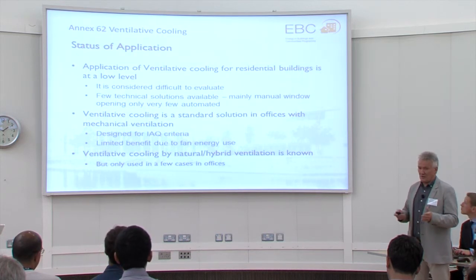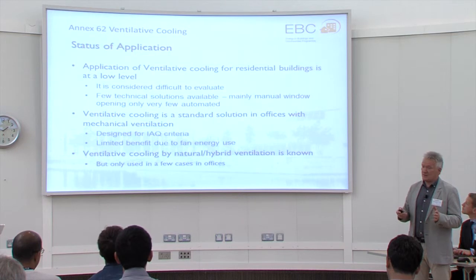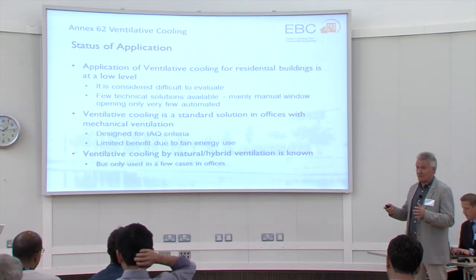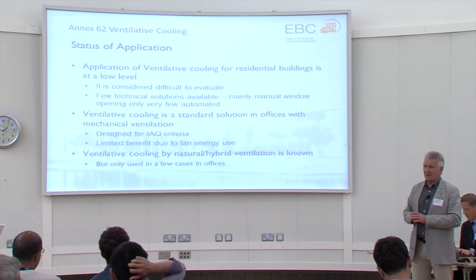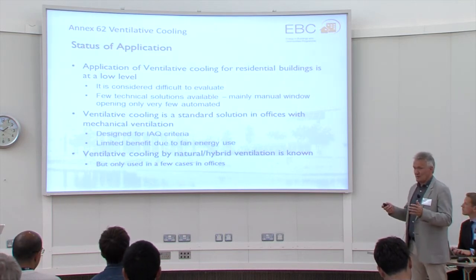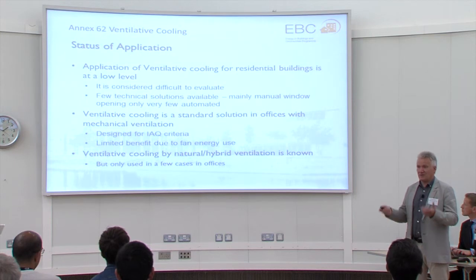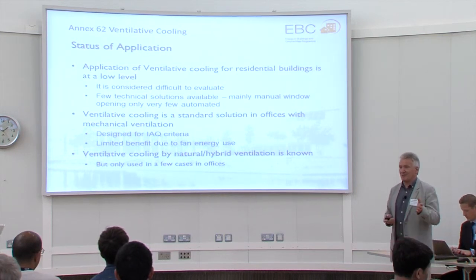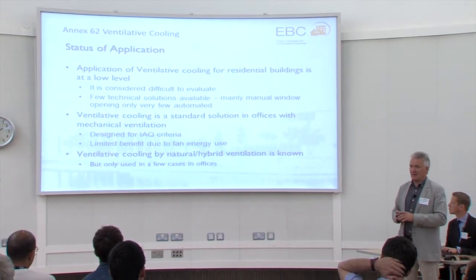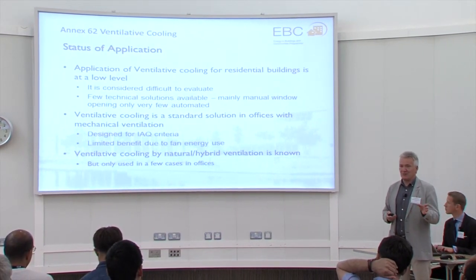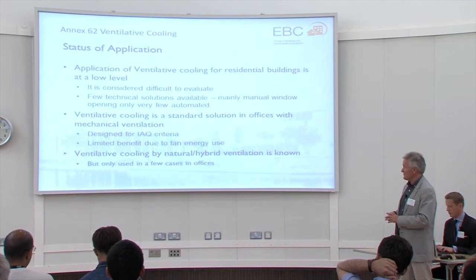So openable windows are the solutions we have in buildings. And we have not, you could say, more sophisticated or more intelligent solutions than manually openable windows. And occupants often have difficulty in finding out when to use these windows and when not to use the windows.